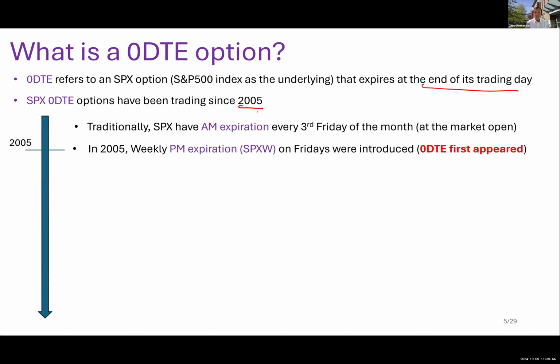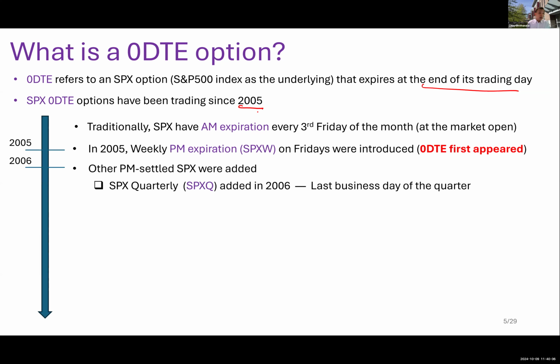But in 2005, there was the first introduction of PM expiration SPX that expire on Friday with PM settlement. So that was the first time zero DTE appears, because now you can actually trade throughout the day just before the market closes.